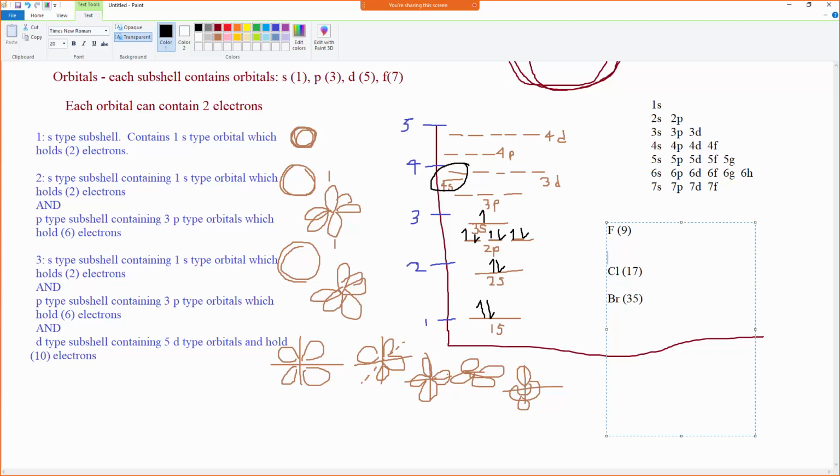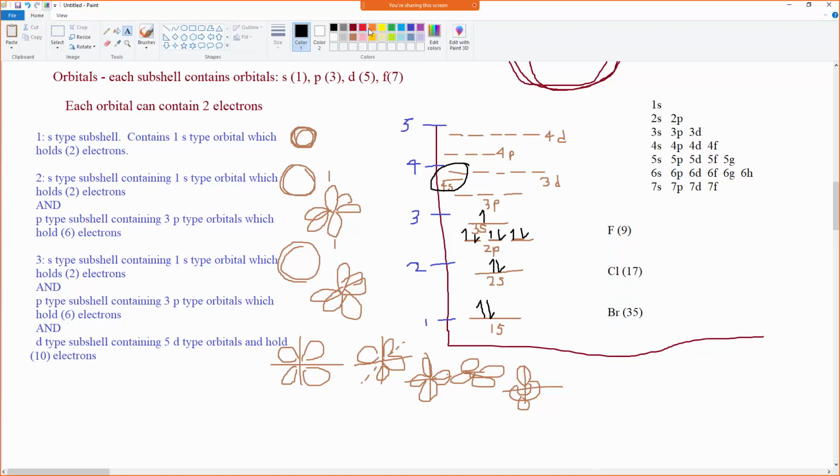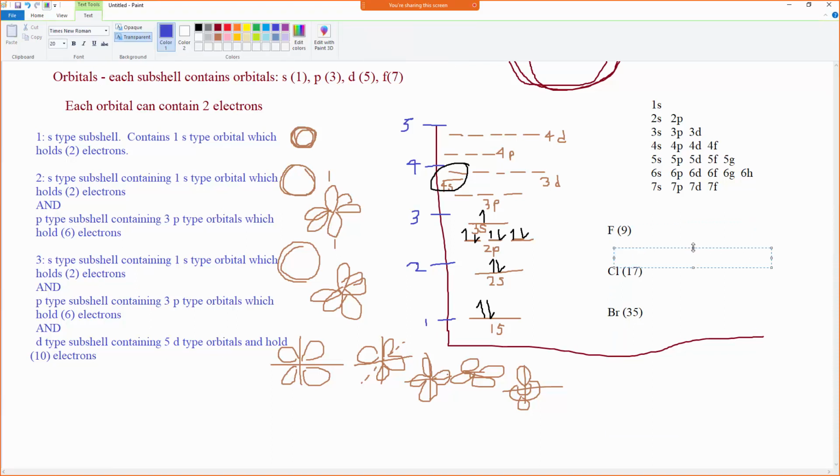All right. So if we're going to fill an atom with 9 electrons, and they have to fill in the same order, then first, the level 1 shell, the S-type subshell, the orbital there can hold 2 electrons.